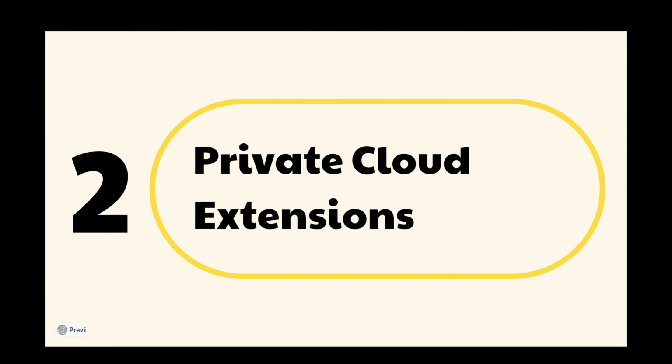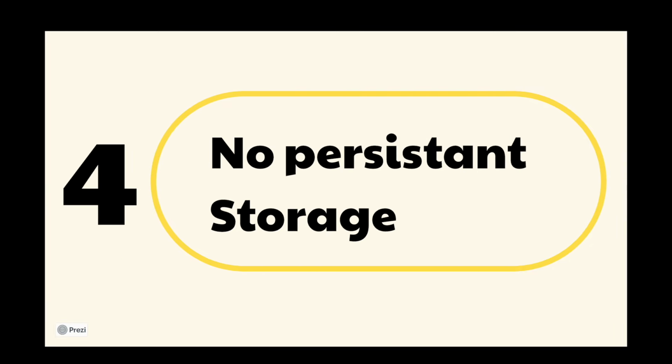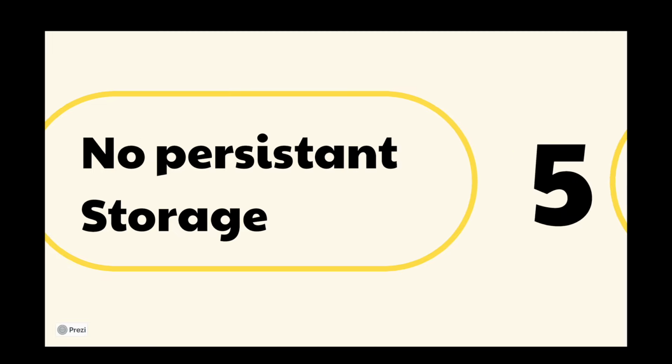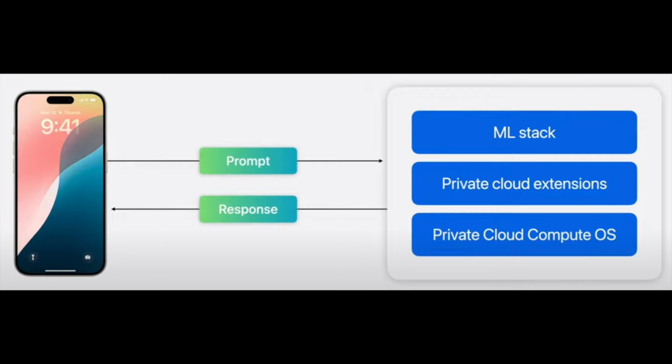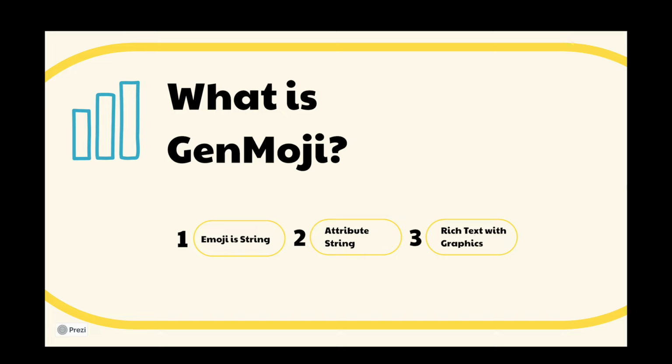It has private cloud extensions that are basically safe to use inside that cloud, and they have an ML stack of their own, which means that you can basically deploy the models and use those. There is no persistent storage, so your data is never saved and is safe. And there is no remote shell that is provided to that cloud. So this is the picture of how you are going to send your data, perform all of those machine learning tasks, and get those results back.